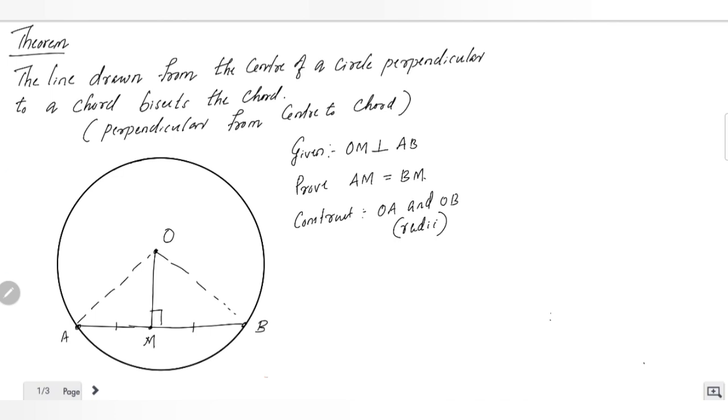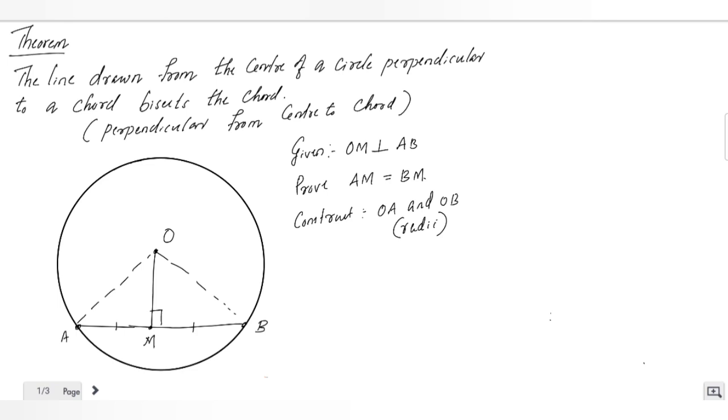Now how do you prove that these two triangles are congruent? Congruent means they are the same. The corresponding angles are the same, the corresponding sides are also the same. Triangle means 3 sides and 3 angles, so all of them are the same. To prove they are congruent, you know that the rules are SSS, SAS, SAA and RHS.